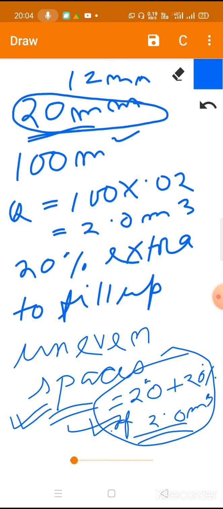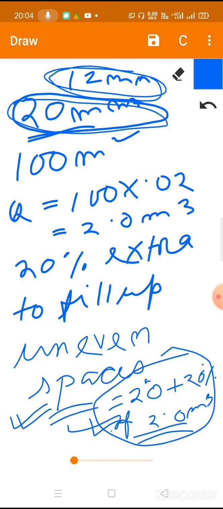So what we have learned is that if the thickness is less, like this 12 millimeter, then we take 30% extra, and if the thickness is more, or we are applying the plastering not on walls but only on ceilings, then we take only 20% extra to find out the total wet volume of the mortar. And from this we can easily find out the dry volume by increasing 25% extra. Okay, so these things you need to remember before doing the rate analysis of any kind of plastering work.